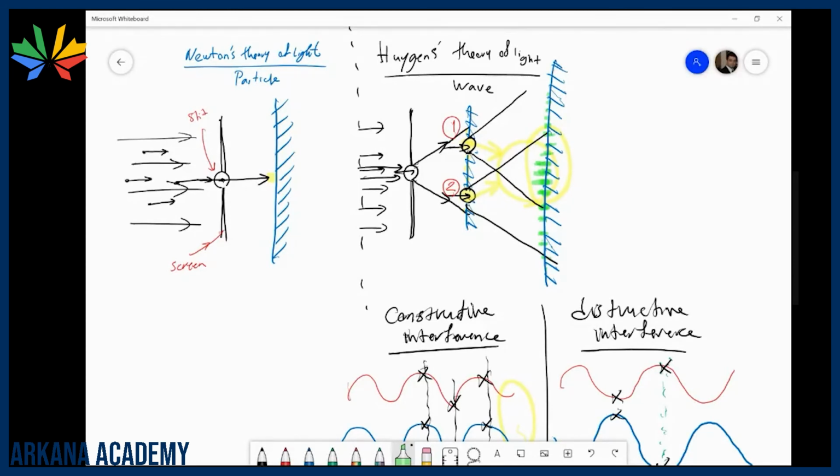For example, one of the arguments was that later on it was believed that light could be affected by gravity. And so if light is not a particle, if it's not an object moving in a medium, how can it be affected by gravity, since gravity only works on objects that have mass?